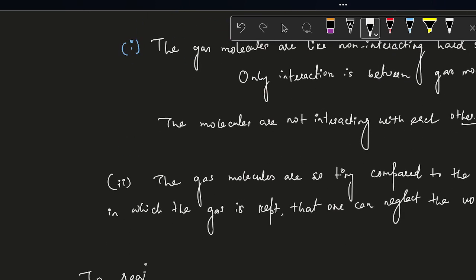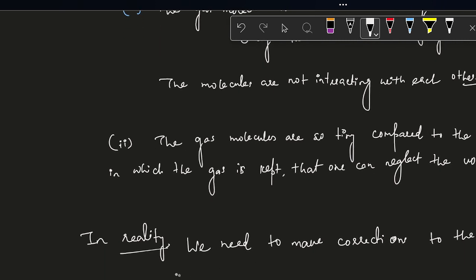in reality we need to make corrections to the ideal gas equation of state, because then the above mentioned assumptions will not be valid.